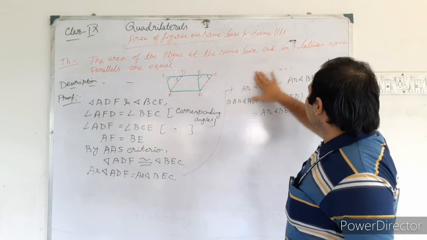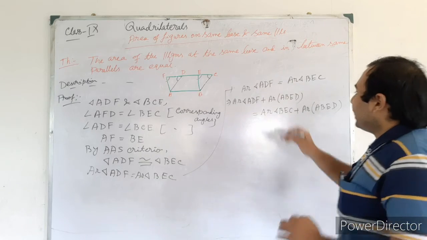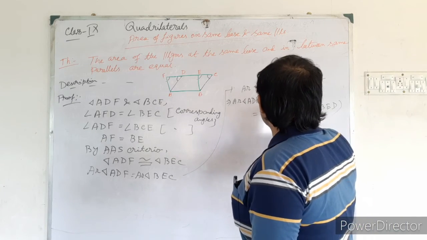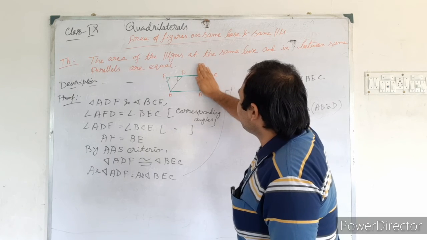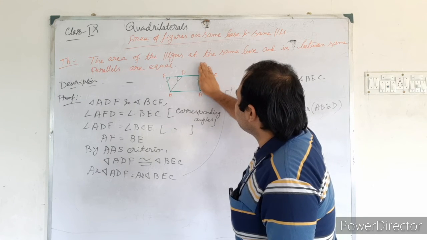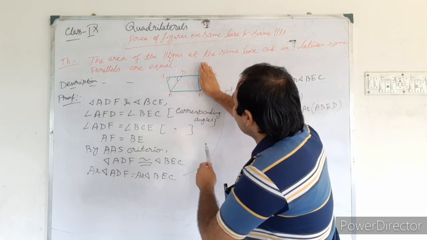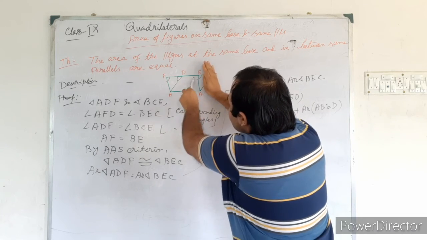We are using this logic here. Area of triangle ADF plus area of ABED, just see, we get the parallelogram ABEF.